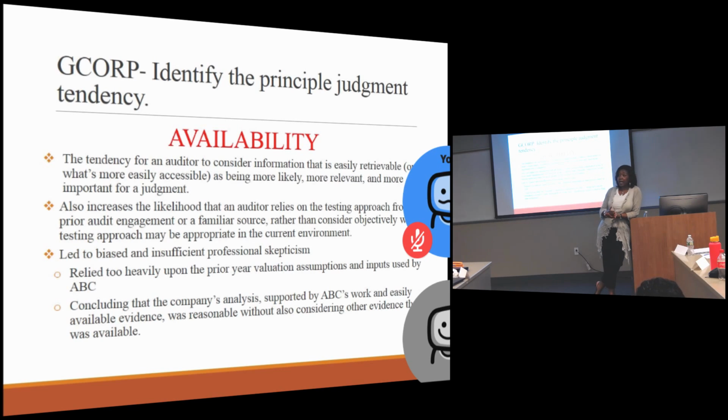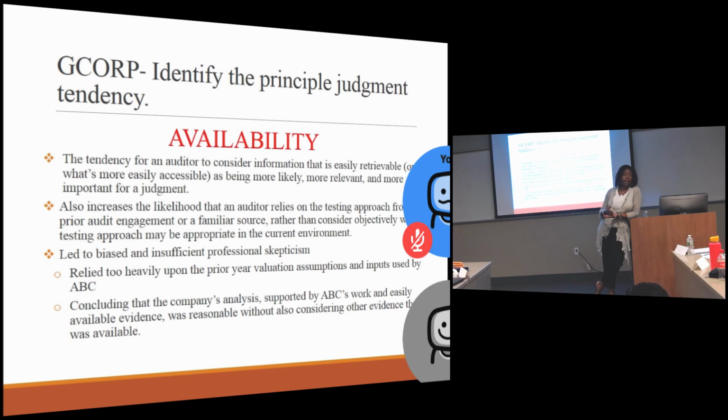So an auditor has to view a specialist as a management hired specialist. Now, granted, the information is being developed by a third party with expertise, but you still have to be skeptical about that information. You can't just blanketly accept the information that a specialist gives you because they're a specialist.